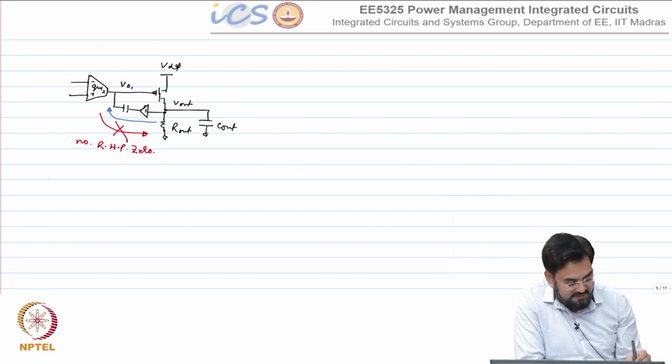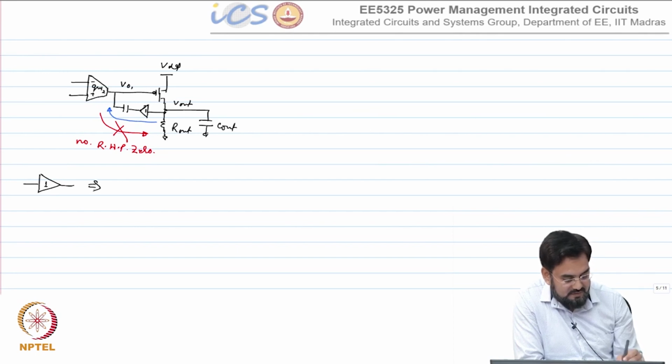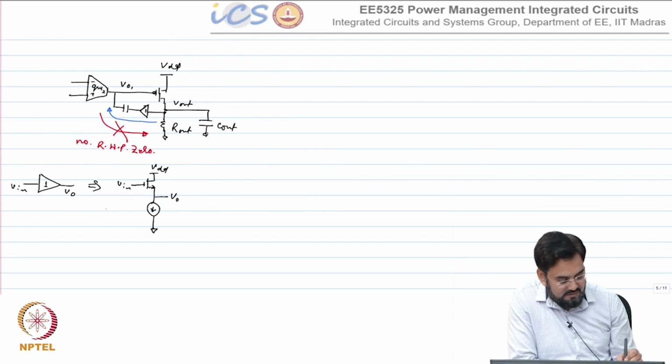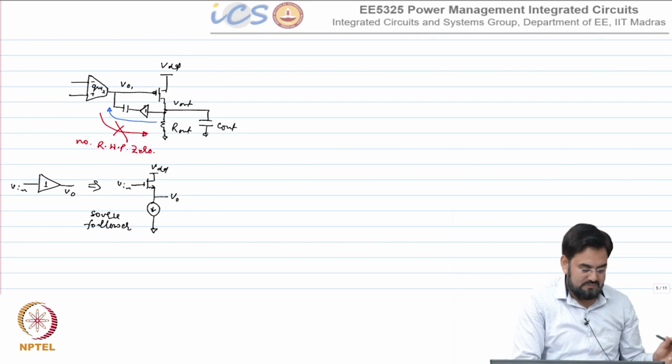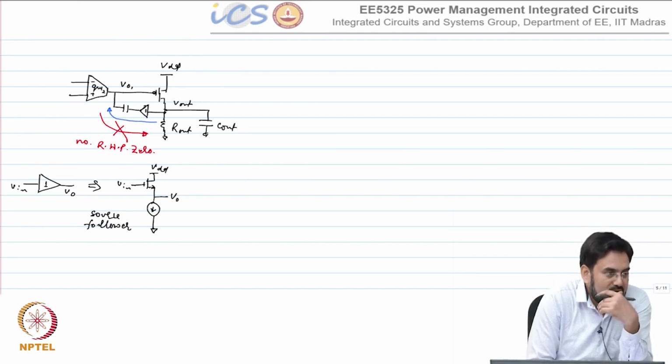And this buffer can be implemented with this. This is nothing but, what do you call it, a source follower, or common drain.